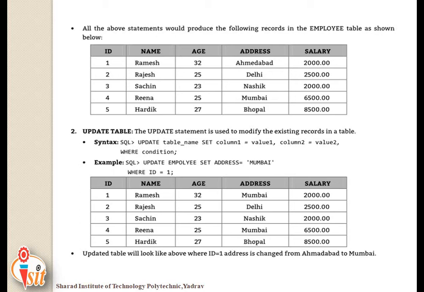For example, SQL update employee table, that is update employee, set address Mumbai. What does it mean? See the first table. In the first table, ID 1 is Ramesh, having address Ahmedabad. But if you want to update the address, then how to update?